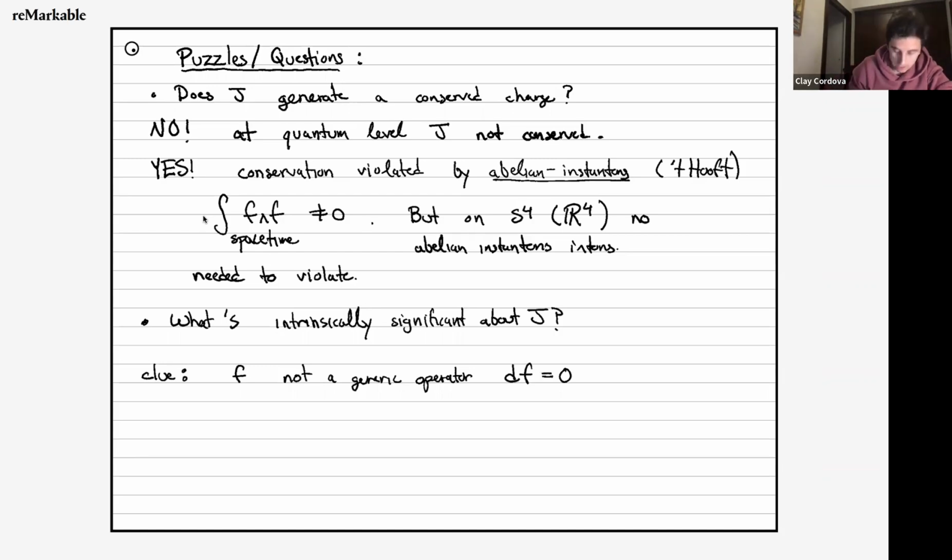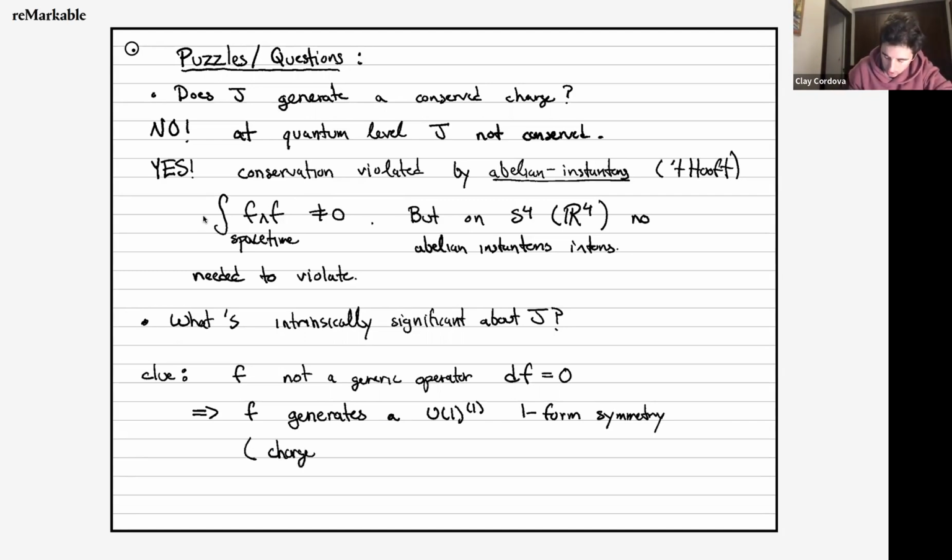And an important point is that this means that, in the modern language, this F generates a symmetry. It's a kind of higher current. So it generates a one-form symmetry. What that means, just to jog your memory, is that the charged objects are lines.